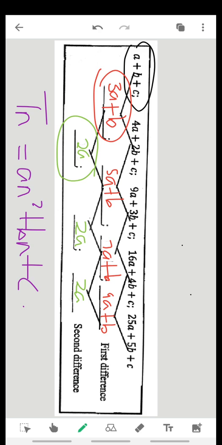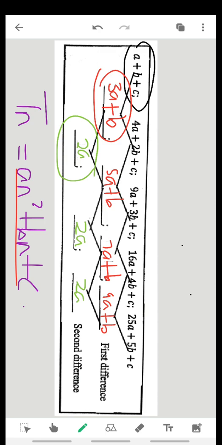The nth term of a quadratic sequence. I wrote it in purple there at the bottom. The nth term of a quadratic sequence, or the formula of determining each of the terms in a quadratic sequence, is given by Tn equals an squared plus bn plus c.